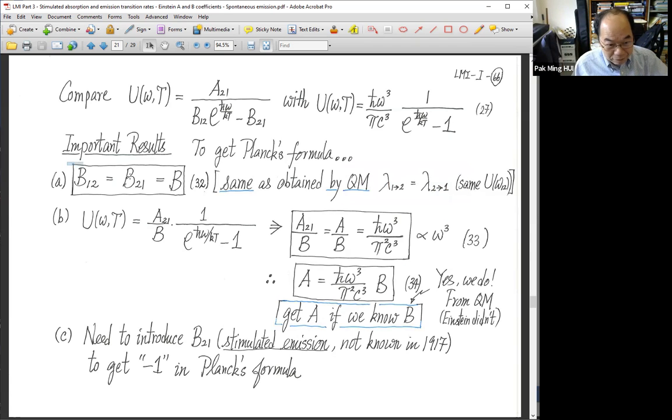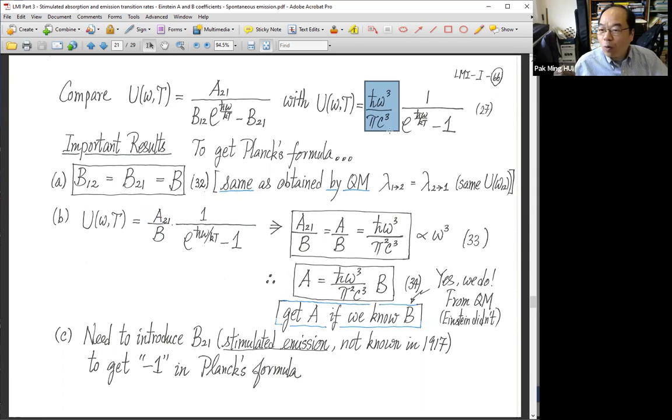Well, this is about 10 years later, right? This is quantum mechanics, 1926, 27 or so, Dirac's work. Secondly, once you put this to be the same and factorize it out, you have this ratio in front, and this ratio must be equal to this in order to get Planck's formula.